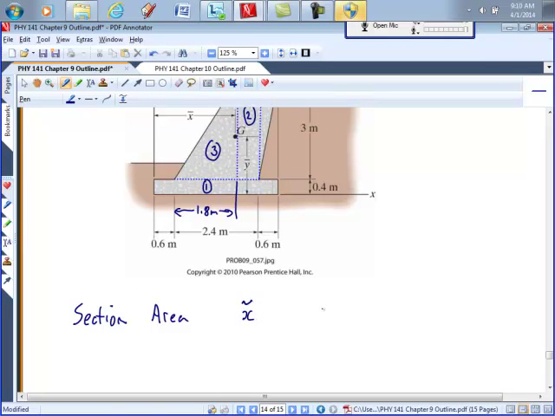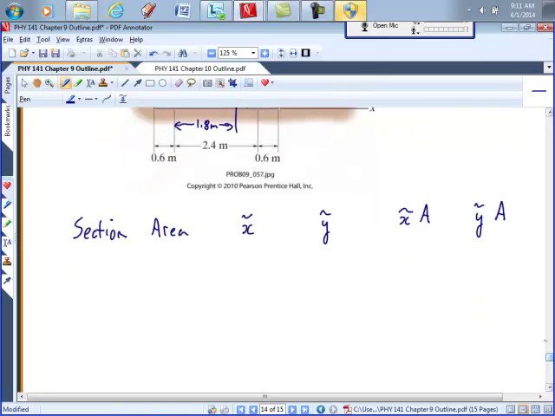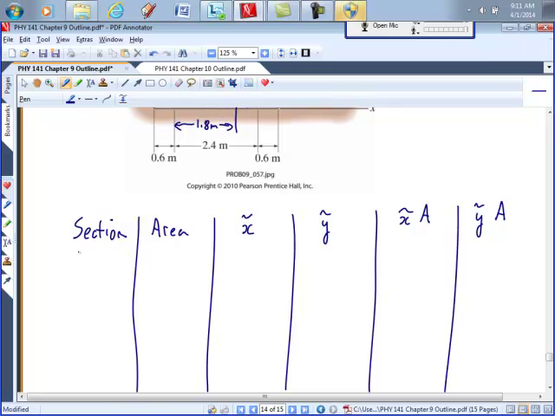So we're going to have an x tilde and a y tilde, x tilde times A, and y tilde times A. All right, section 1.